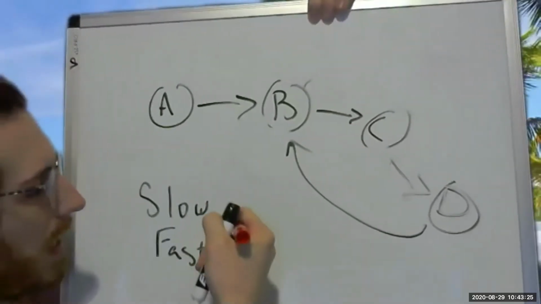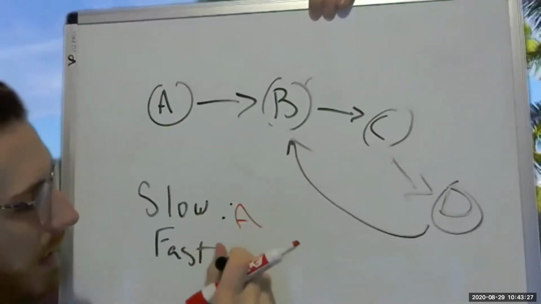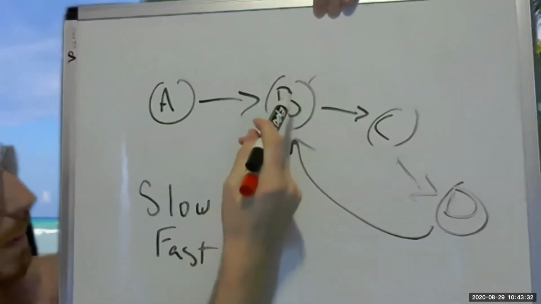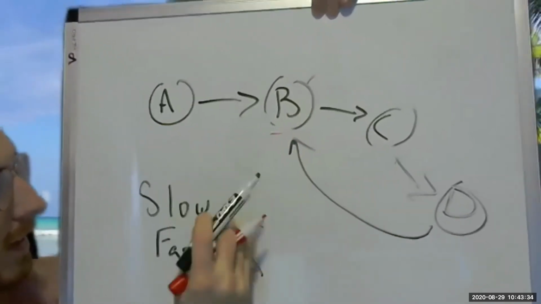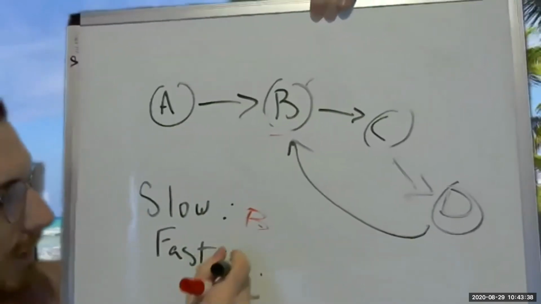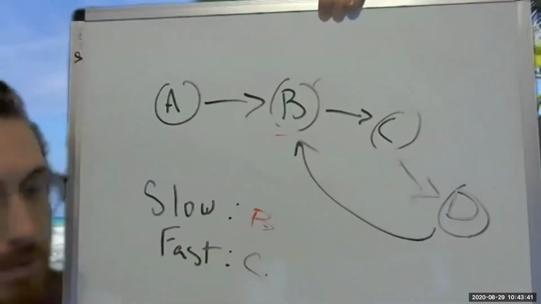Okay, so we have slow at A and fast at A. Right. Now slow moves to B, so B, and fast moves to C. Right?